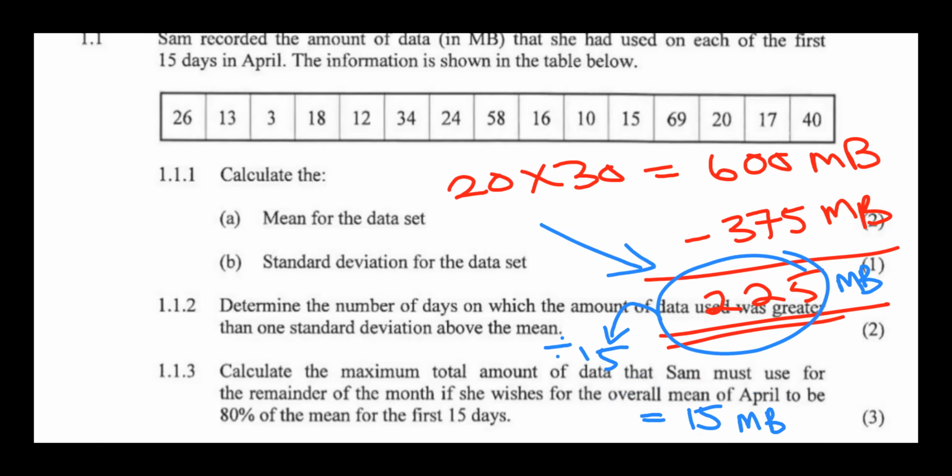Okay, so the 225, that is your final answer. If they did ask what average she should now be spending, then you would say it is exactly 15 megabytes every day, if she wants to reach the goal of averaging a mean of 20 megabytes per day. Does this question make sense?